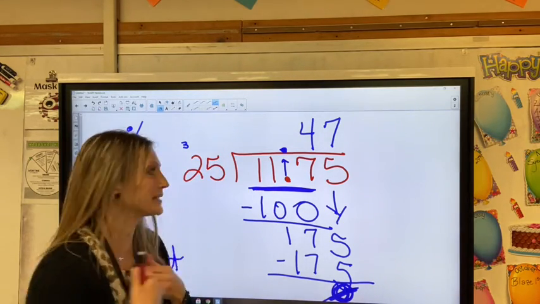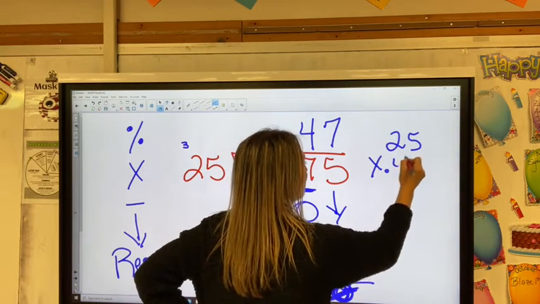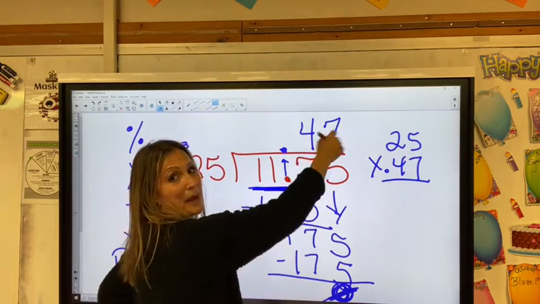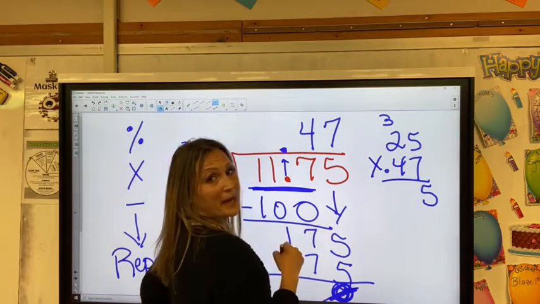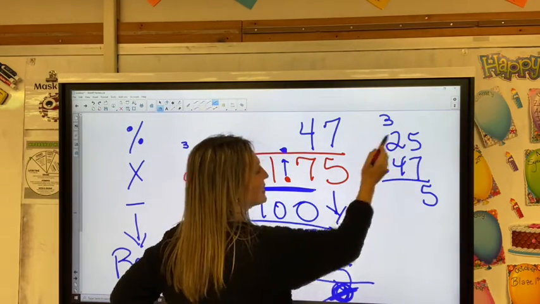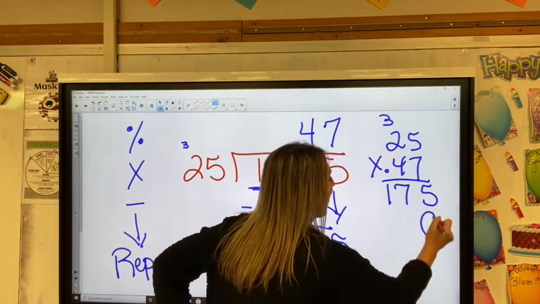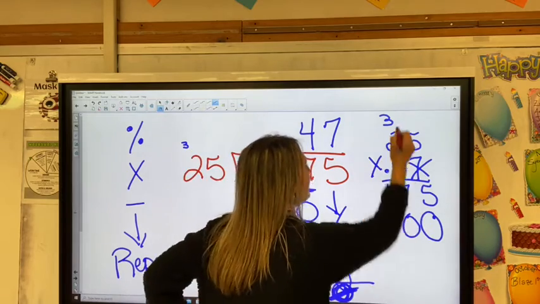And I can check myself. 25 times 0.47. I take my divisor and I multiply it by my quotient. 7 times 5 is 35. Carry my 3 or regroup my 3. 7 times 2 is 14. Plus 3 is 17. Add a 0 for my placeholder. 4 times 5 is 20.